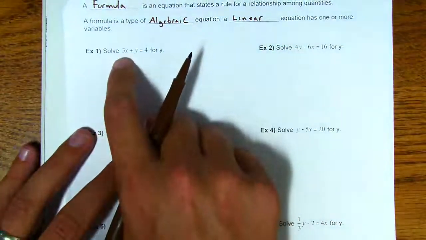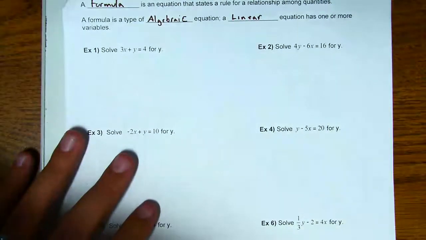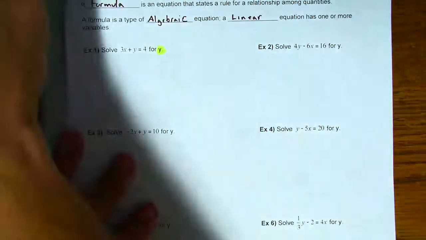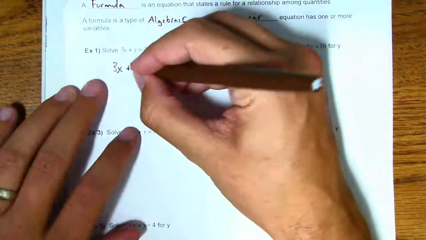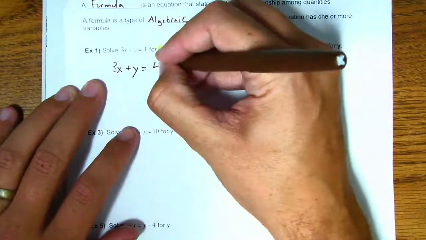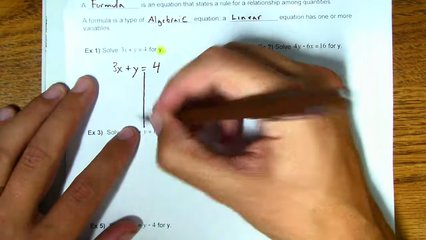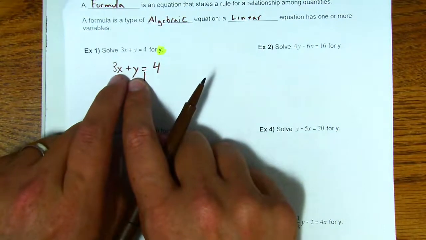So here, solve 3x plus y equals 4 for y. We're trying to get y alone. I'm just going to write this down so we have some more room. 3x plus y equals 4. Now I have to ask myself, when I draw this line down my equal sign, is y alone on this side of the equal sign?